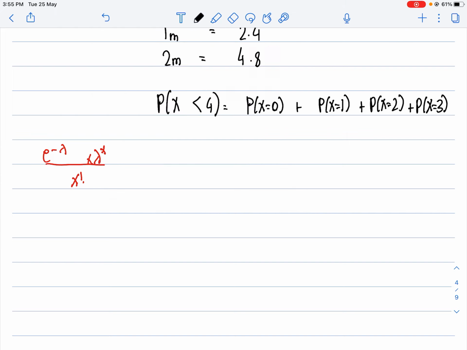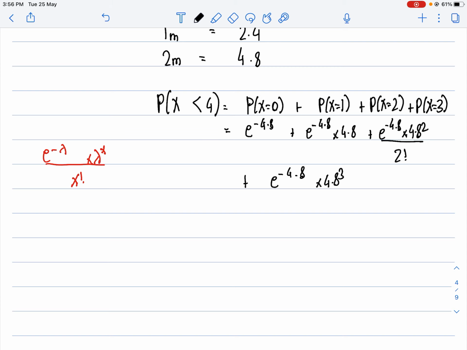So I can write this as e raised to minus 4.8 plus e raised to minus 4.8 into 4.8 plus e raised to minus 4.8 into 4.8 raised to 2 over 2 factorial plus e raised to minus 4.8 into 4.8 raised to 3 over 3 factorial.